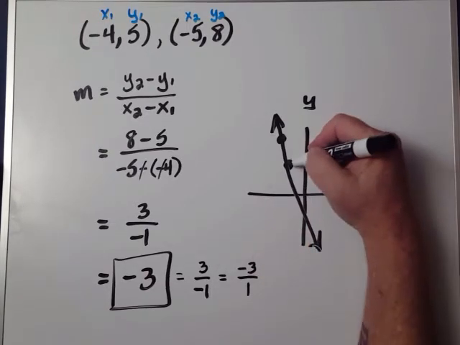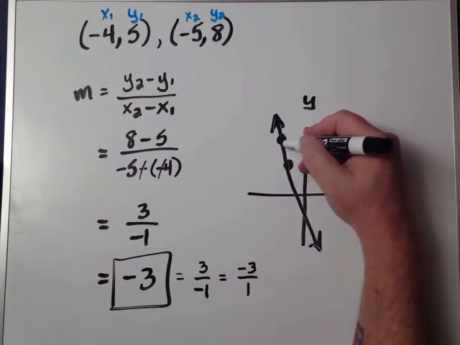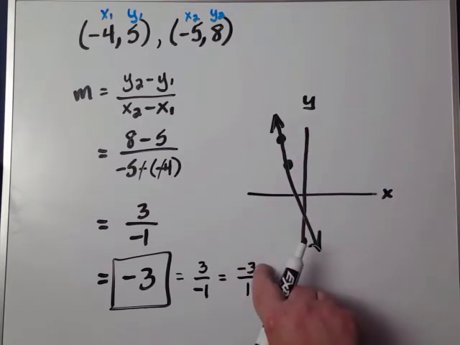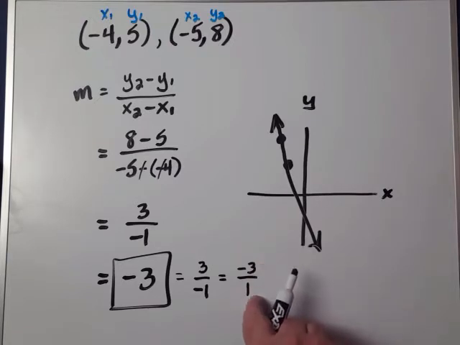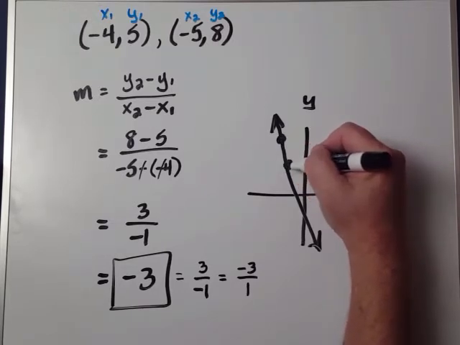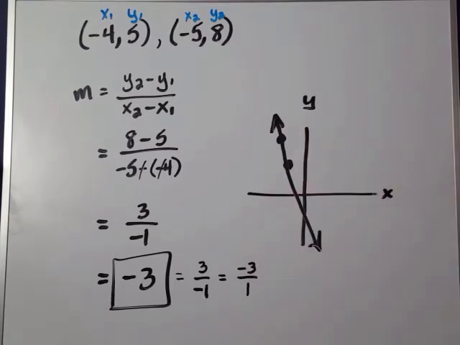Every time we go up 3, we go back 1 to land back on the line. Or what does this say? Down 3 over 1 in the positive direction. Down 3 over 1. Down in the negative y direction, over in the positive x direction. And that still lands me right back on my line.